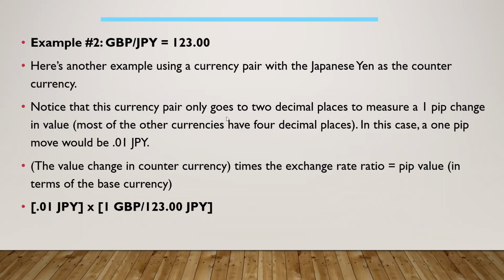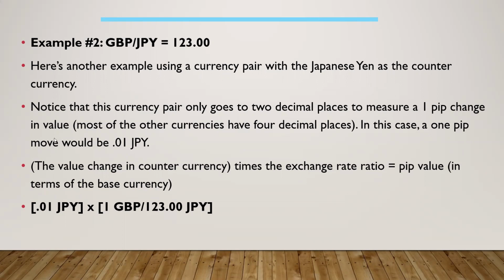You need to notice that JPY only goes to 2 decimal places to measure a 1 pip change in value, while most other currencies have 4. So JPY has 0.01. In the calculation, you do the value change in counter currency times the exchange rate ratio, which will give you the pip value in terms of the base currency.